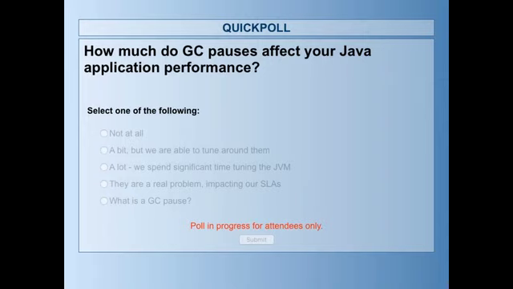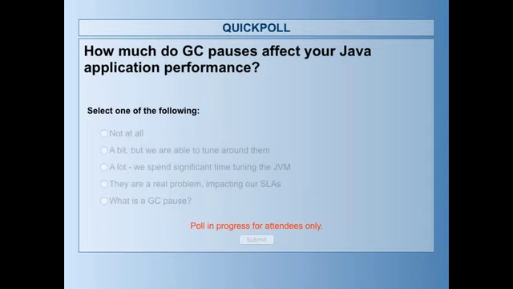Do you spend a lot of time tuning your Java virtual machine and trying to get it to work the way you want it to and eliminating garbage collection issues? Or do you have a situation where it's a significant problem, where it is actually impacting your SLA and it really is causing you problems? And then I added a 5th option, which is where you don't know what a garbage collection pause is. So you're very lucky you've never seen a garbage collection pause, and so that's not a problem.